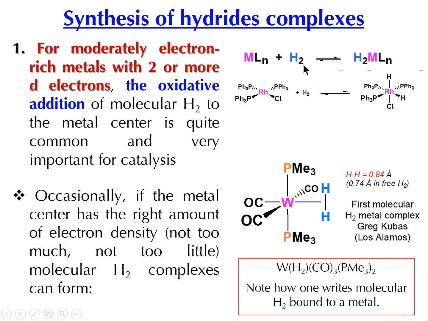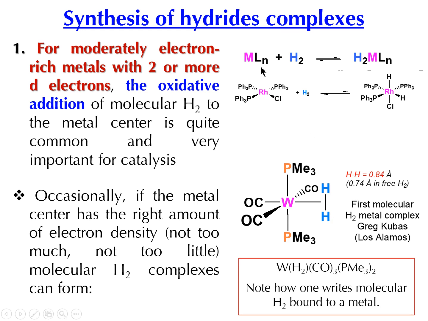Sometimes, when we add hydrogen to the complex MLn, we do not obtain this structure, with an M-H bond and an M-H bond. We obtain an M(H2) bond. And this will occur when the electron density on the metal center is the right amount, not too much, not too little.